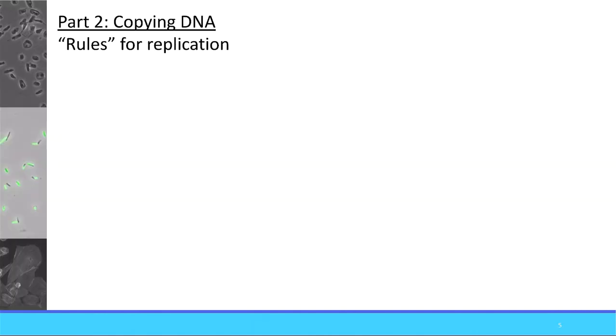Before we get into DNA replication, there are a couple of rules that are going to help us through this process. The first rule is that DNA replication starts at something called an ORI, which stands for origin of replication.